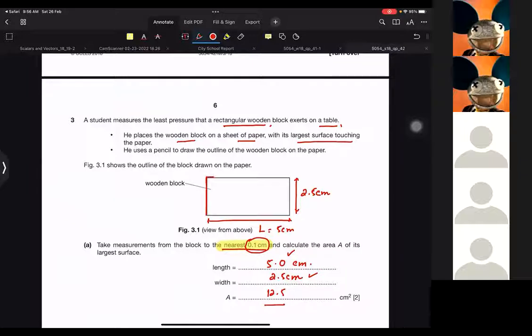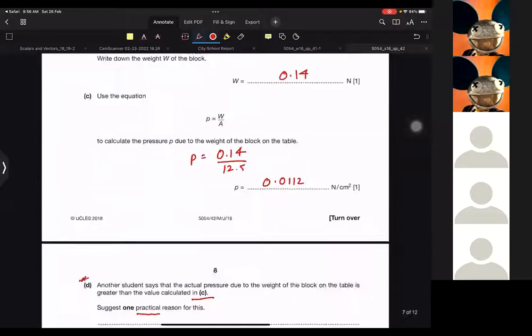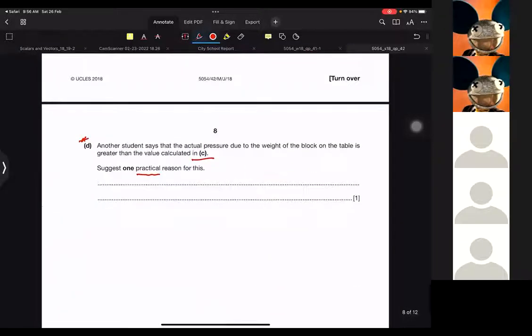So basically, your line does not actually trace the actual length. It is a bit larger than that, because the thickness of the pencil that you use is also there. So if I were you, I would write that the thickness of his pencil also increased the area when tracing.